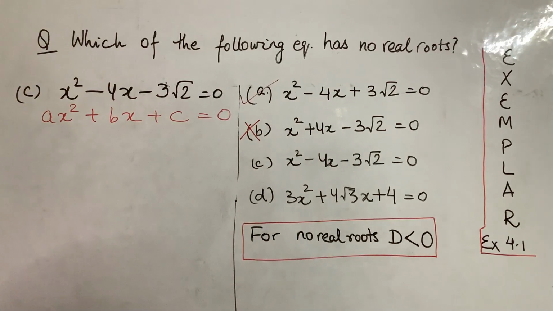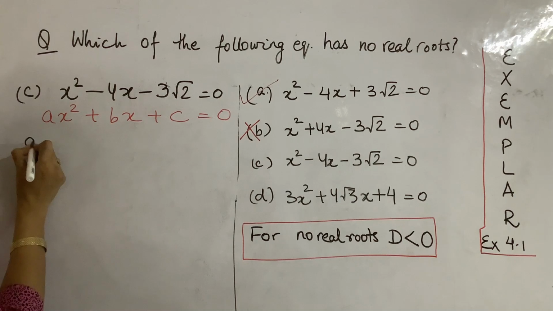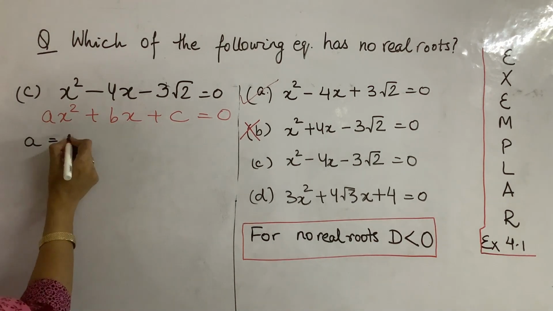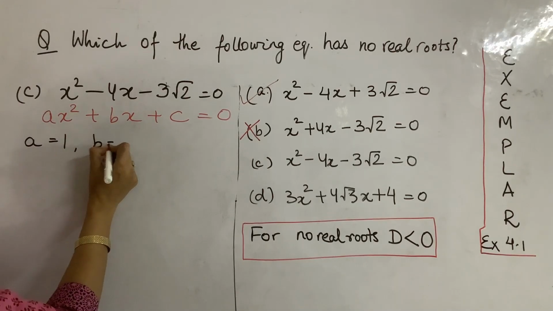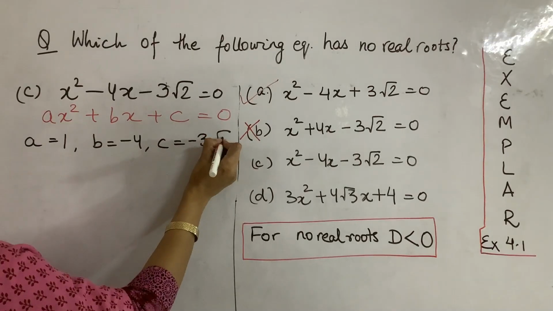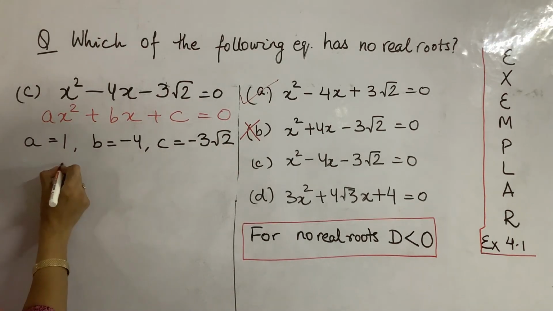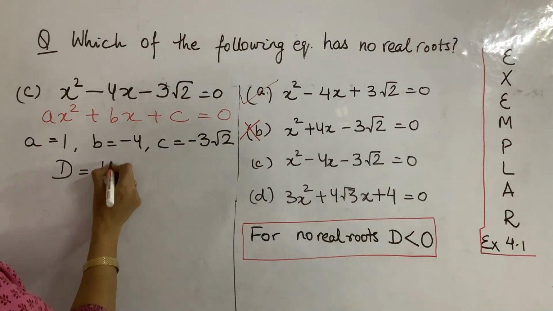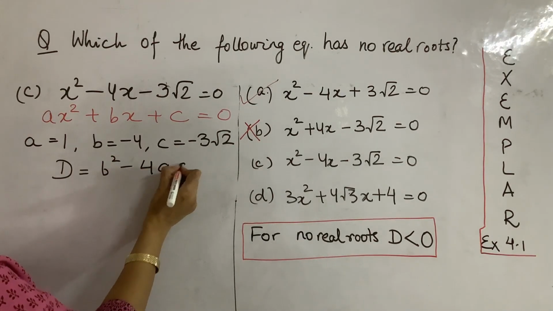The C part, let us determine the nature of roots. देखते हैं इसका nature of roots कैसा आएगा. तो इसमें if you compare it with ax square plus bx plus c is equal to 0, you get a is equal to 1, b is equal to minus 4 and c is equal to minus 3 root 2. You have to find out the discriminant. Discriminant is b square minus 4ac.